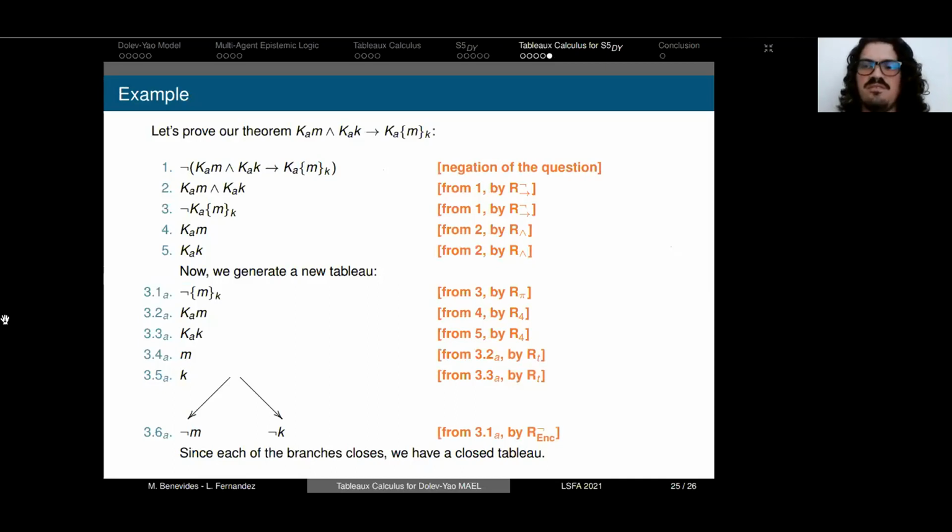So here we have an example of our method. Let's use it in one of our theorems.